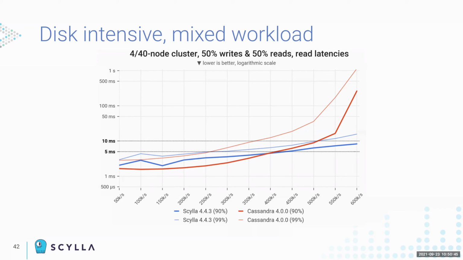So summing up those two graphs, Scylla can achieve essentially the same throughput, a bit better latencies, especially at high utilization of this cluster. However, it's much less expensive compared to Cassandra.